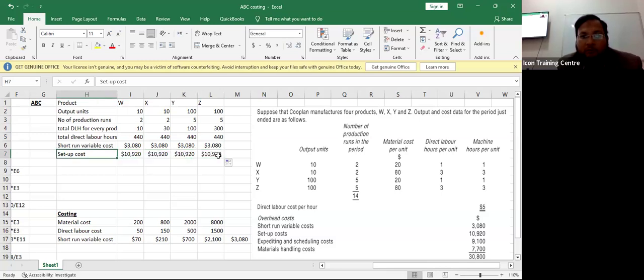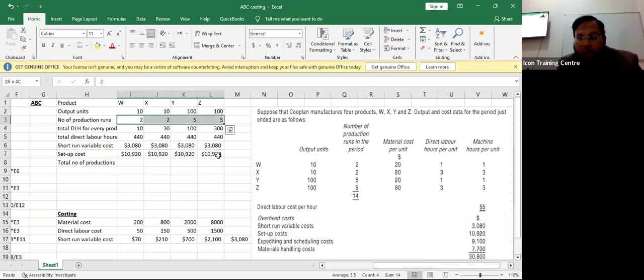Setup cost will be allocated on the basis of number of production runs. So how much is the total number of production runs? 2 plus 2 plus 5, 5, 14.